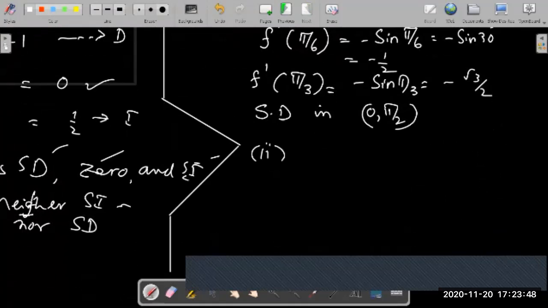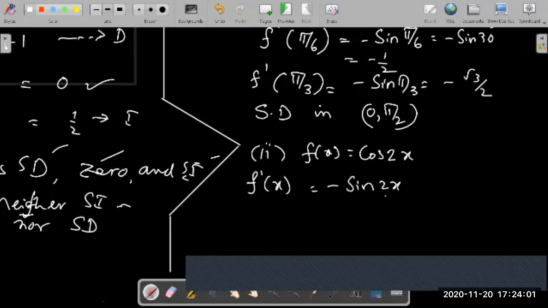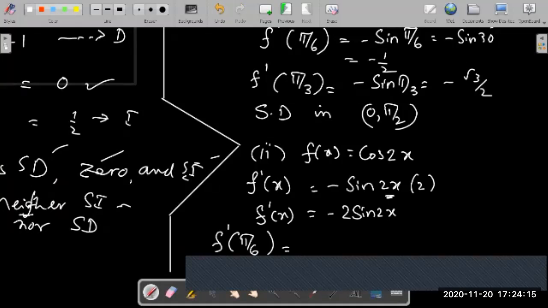So the second part is f of x equal to cos 2x. So f dash x is minus sine 2x multiplied by chain rule 2, so we'll have minus 2 sine 2x. Now we try the same thing: f dash pi by 6 is minus 2 sine 2 into pi by 6, that's pi by 3, minus 2 sine 60, that's equal to minus root 3.